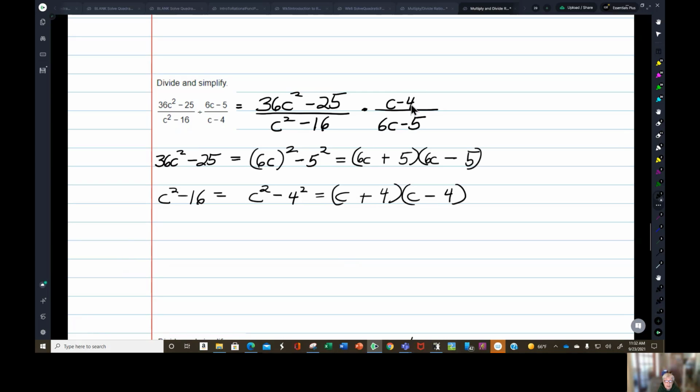C minus 4, nothing you can do with that. 6c minus 5, there is no GCF. And it's not a quadratic, so no, you can't factor this at all.